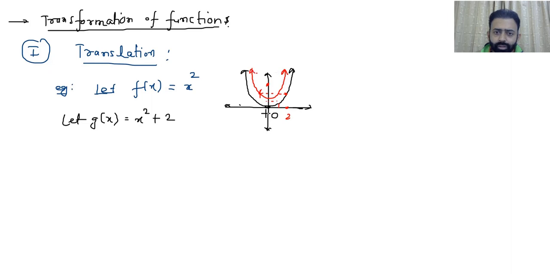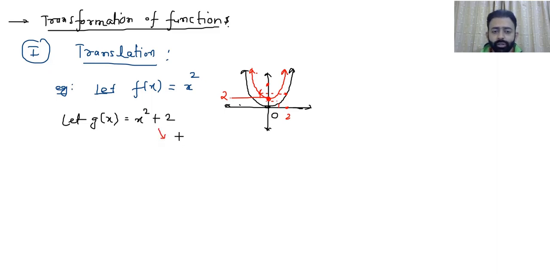The red graph, and this point is 2. The starting point, the y-intercept of the graph, is 2. It is shifted 2 units upwards. So this 2 indicates how much it has been translated. The plus 2 in the definition of the function indicates that you are moving 2 units in the positive y direction.